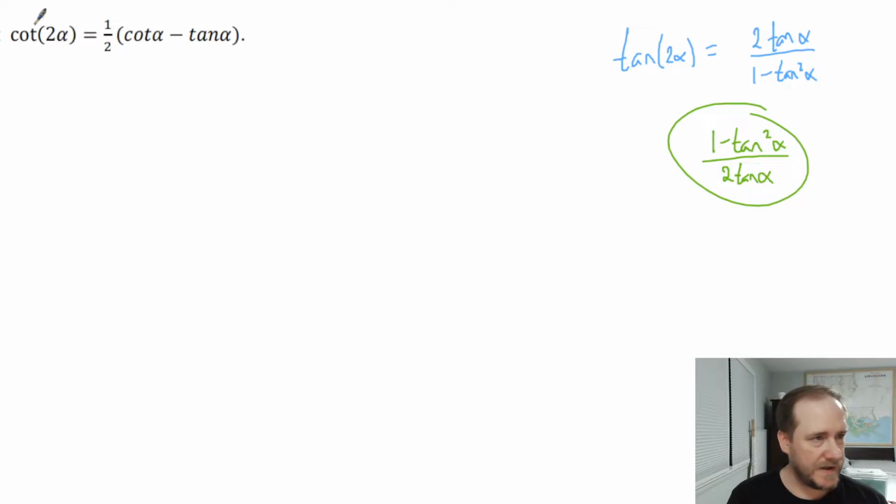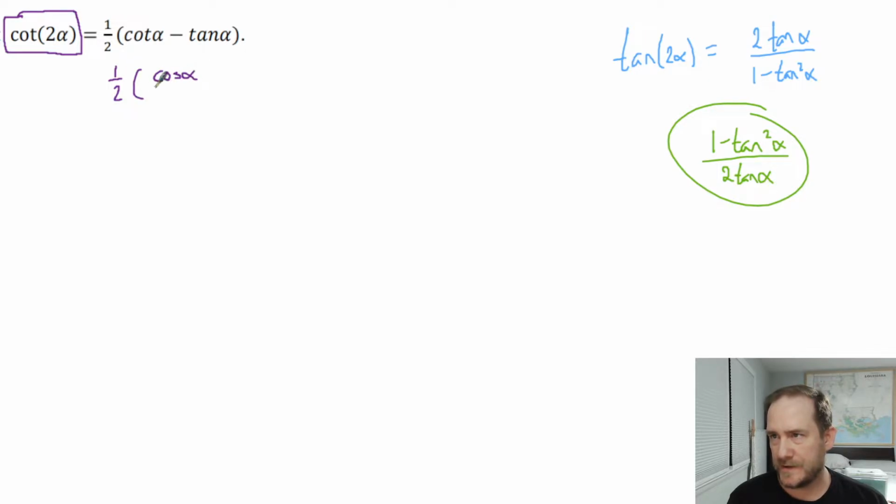So okay, again, I would say this side is the simpler side, so leave that side alone. Operate on this side instead. We got a 1/2. We got a cotangent, which is cosine over sine. We got a tangent, which is sine over cosine.